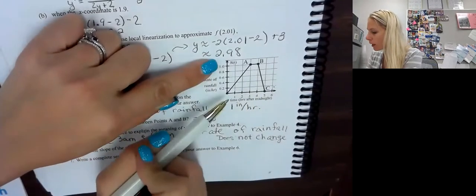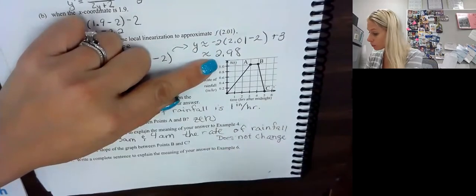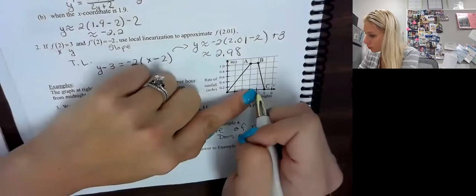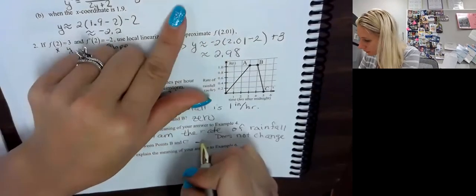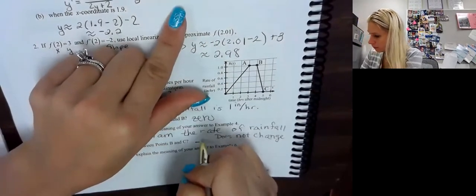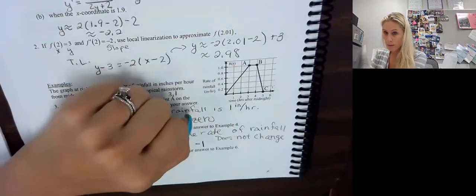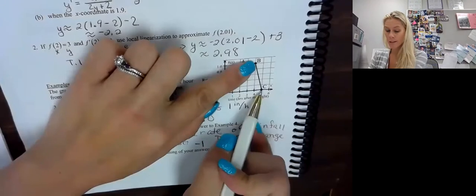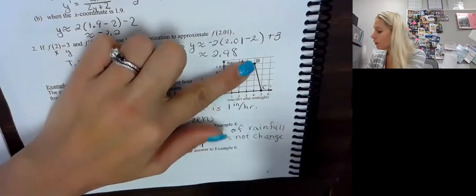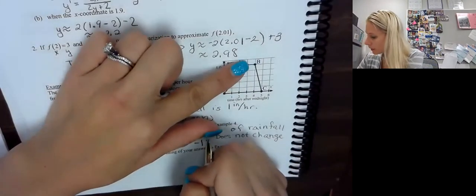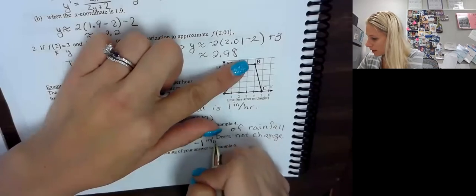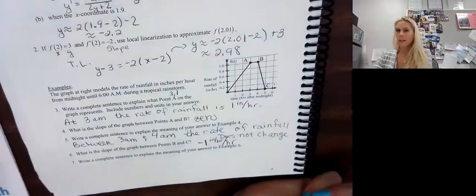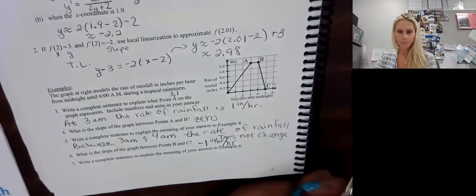It goes from 1 to 0. So our change is 1. And then over, we're going over 1. So negative 1, right? Because it's a negative slope. Everybody see that? From B to C, the slope is negative 1. Now be careful of your units because this would be inches per hour, right? Because it's a rate over rate.